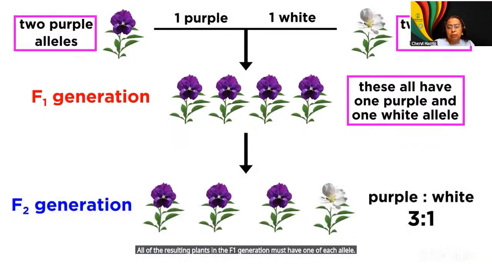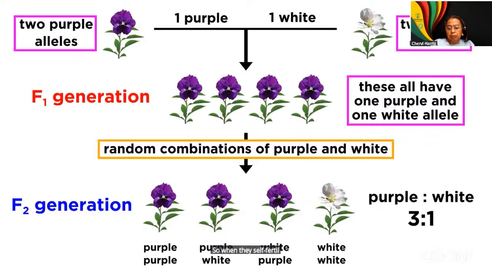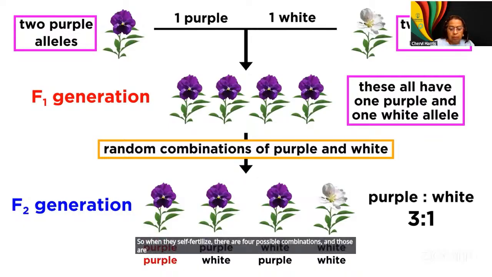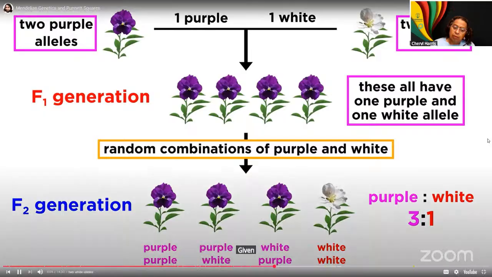Because purple is dominant, they are all purple. But when the F1 generation produces its own gametes, some will be purple and some will be white. So when they self-fertilize, there are 4 possible combinations: purple and purple, purple and white, white and purple, or white and white. Since purple is present in 3 of those, that explains the 3-to-1 ratio, given that only a plant with 2 recessive white alleles will appear white.